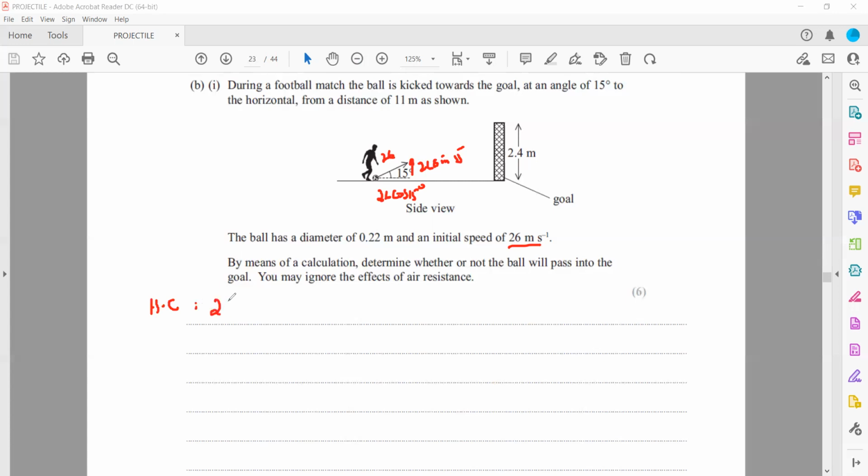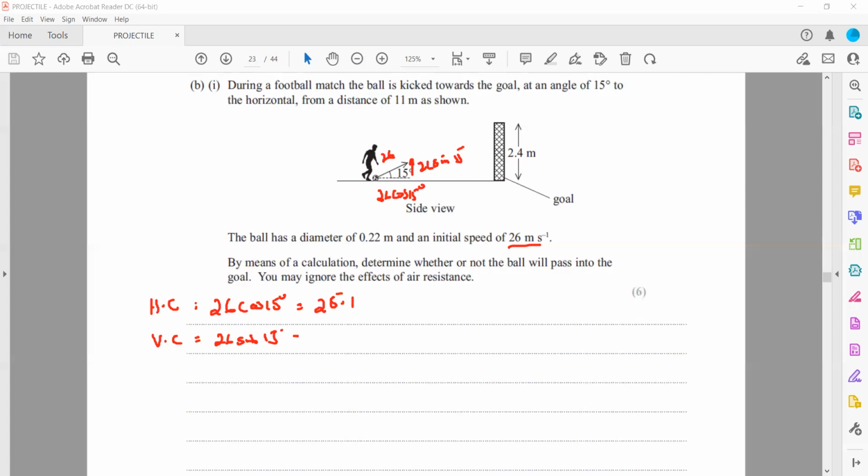So the horizontal component will be 26 cos 15 degrees, and the vertical component will be equal to 26 sine 15. First, we work out the horizontal and the vertical components. The horizontal component will be 25.1.